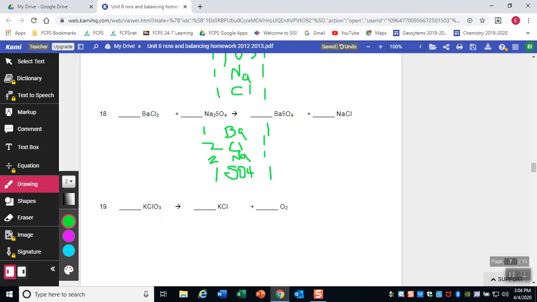So all I have to do is I gotta have 2 chlorines over here, so I'm gonna put a 2 in front, and that doubled also the sodium, right? So now there's that, and now it's balanced. So my final, I didn't have to do anything there, so that would be 1, 1, 1, 2.